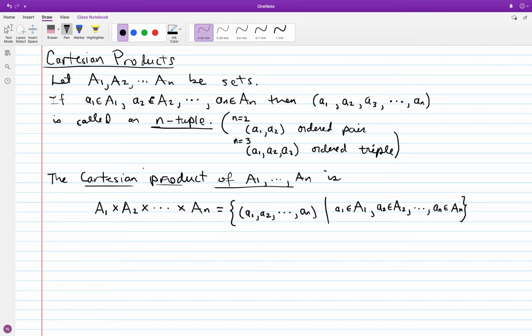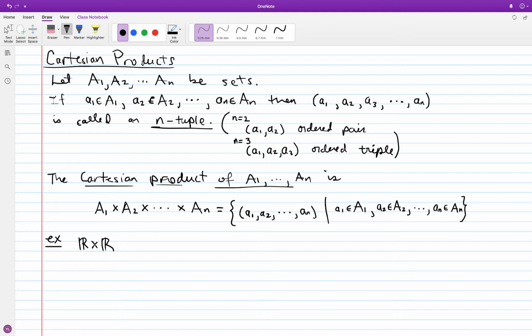All right, and the most familiar context for Cartesian products is calculus or even geometry. So let's consider the situation where I'm going to consider two sets, and I'm going to make both of them the real number set.